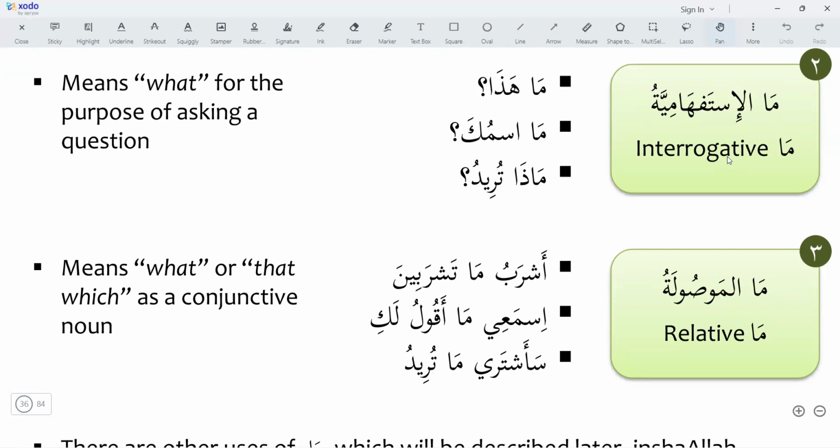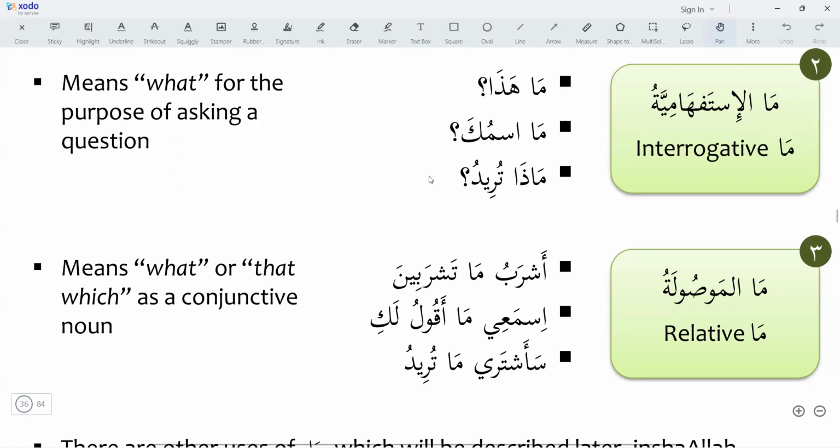You're welcome. So this is ma al-istifhamiyya, interrogative ma. Ma haza, masmuka, maza turidu. We use it when we ask a question to someone. There is also relative ma, ma al-mawsula, which gives the meaning of ismul mawsul. Ashrabu ma tashrabina.